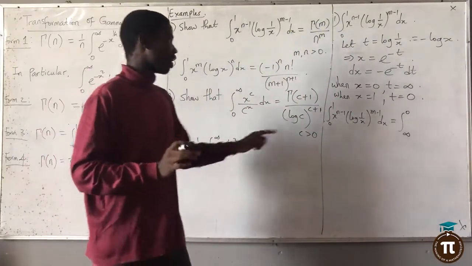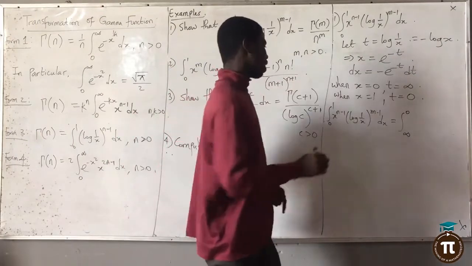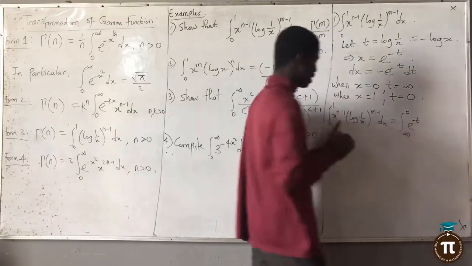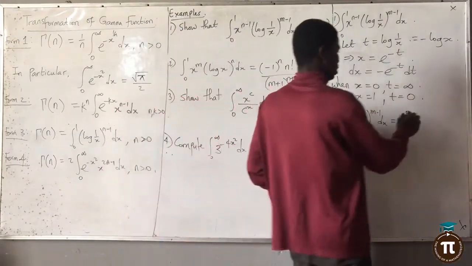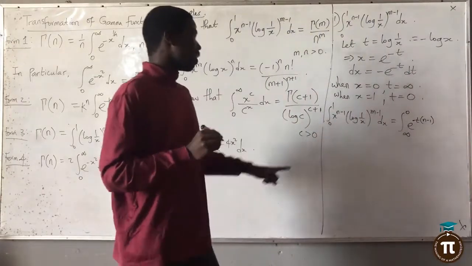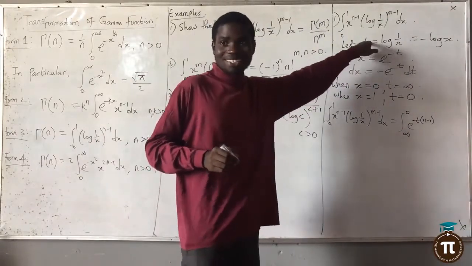Infinity to 0, s is e raised to the power of negative t. So I have e raised to the power of minus t, then you will now multiply it with n minus 1. I have n minus 1 here, right? Then log of 1 over s is t.